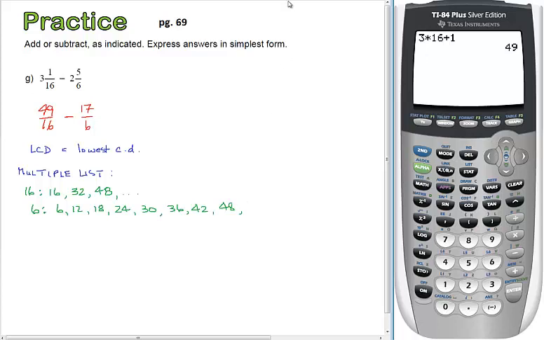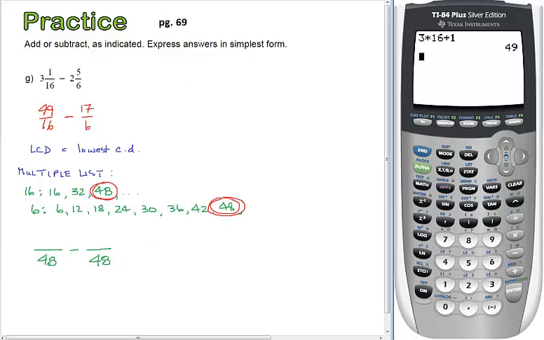So that's the lowest right there. The least common multiple is 48. Okay, so that means we have to change both fractions to something over 48, right?